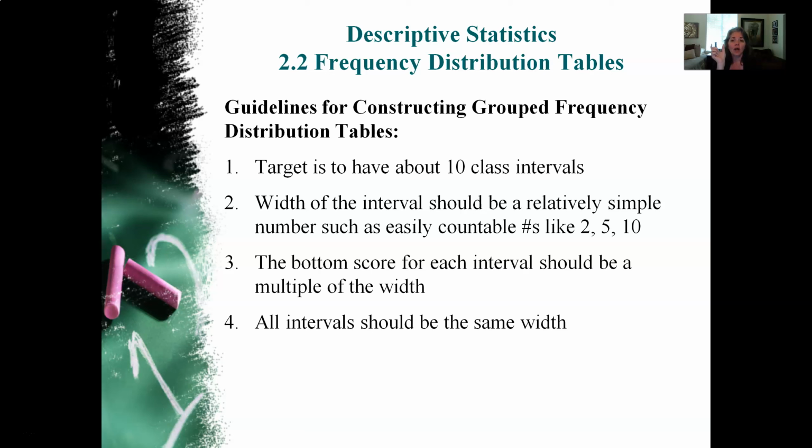It should also be relatively simple, so it should be divisible by 2, 5, or 10, so it's easily countable. We can quickly see the organization, and if we know the first 2 class intervals, we can easily calculate and discern the next. The bottom score, the lower limit of that group, should be a multiple of the width, right? So again, stick to 2s, 5s, and 10s. It's easier. And all intervals should be the same way.